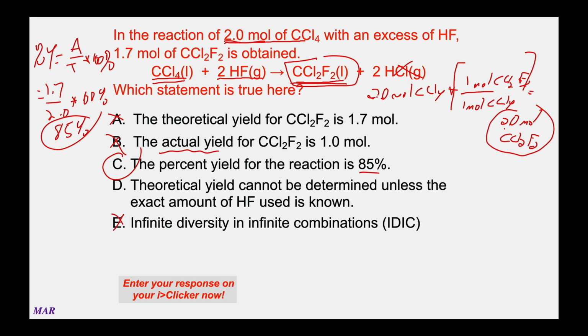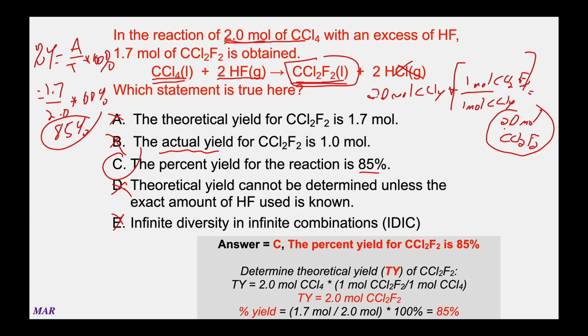But let's look at D first. It says the theoretical yield cannot be determined unless the exact amount of HF used is known. That's incorrect. If it says that HF is in excess, that means we don't have to worry about it. CCl4 is like a limiting reactant, so it's really going to determine what all the different pieces are. So I'm pretty sure the answer here is going to be C, and it is. And you can see down here what I did is I first calculated the theoretical yield.